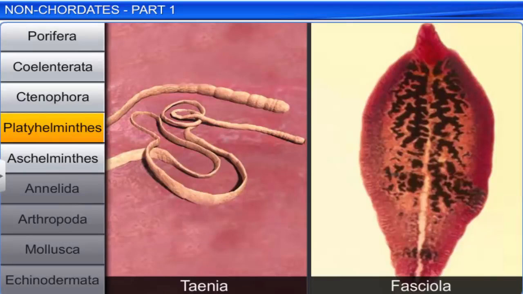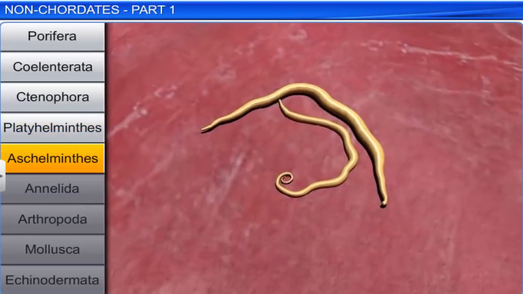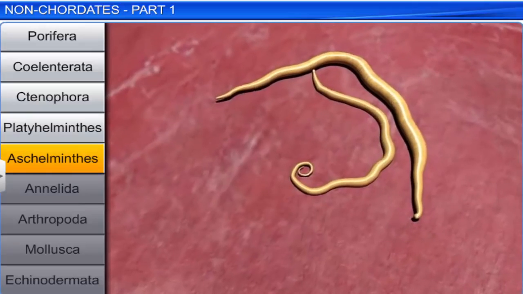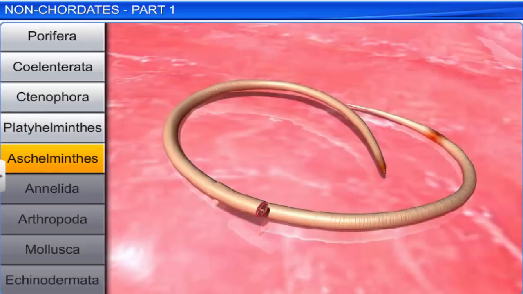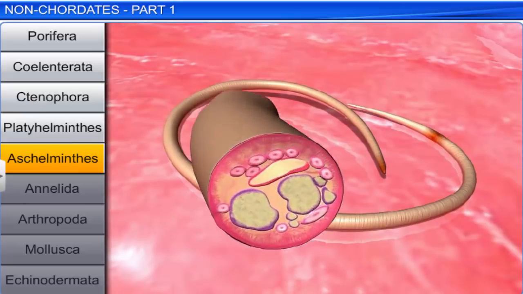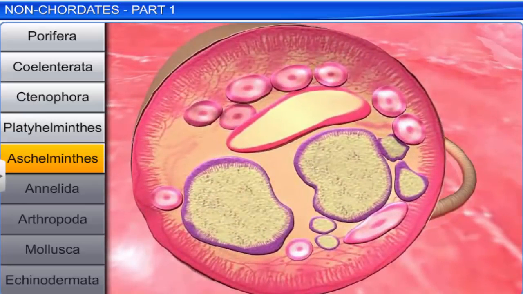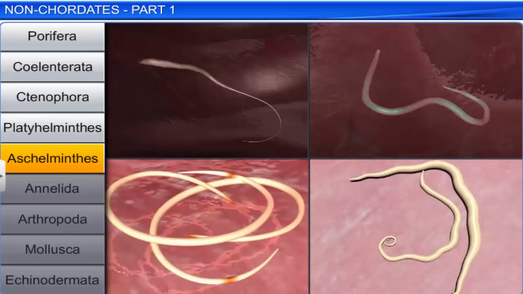The next phylum under non-chordates is Aschelminthes. Unlike flatworms, these animals have a circular body when seen in cross-section, and hence are called roundworms. They may be aquatic or terrestrial, free-living or parasitic in plants and animals.